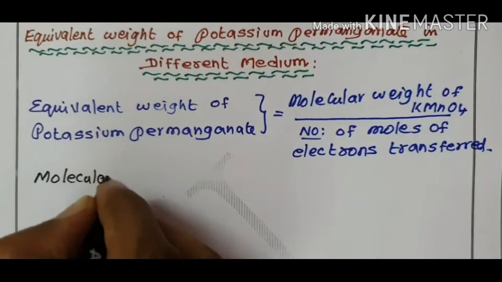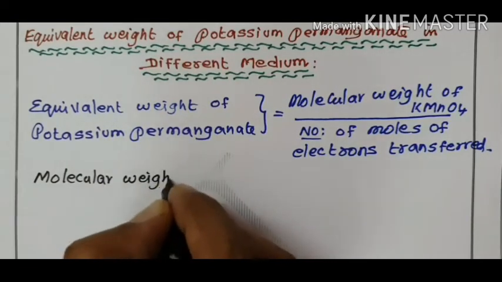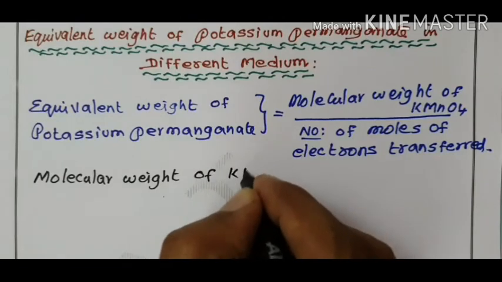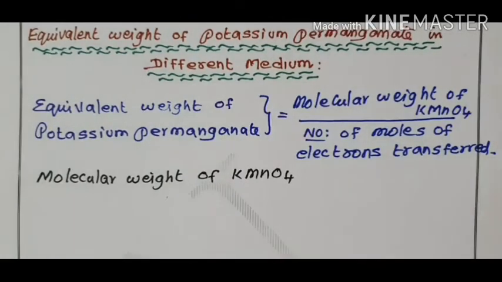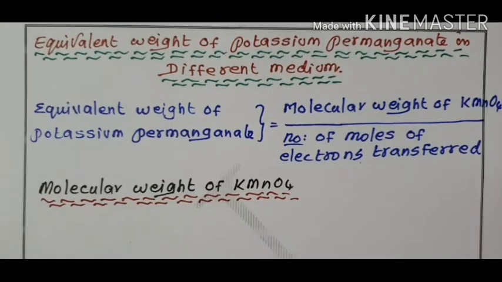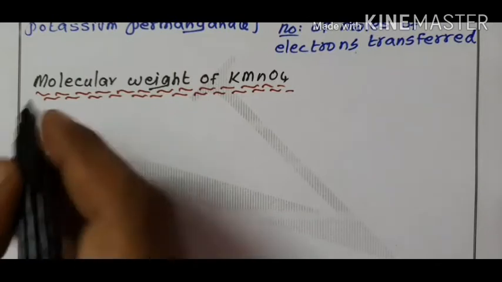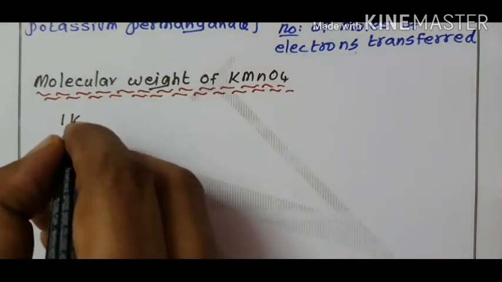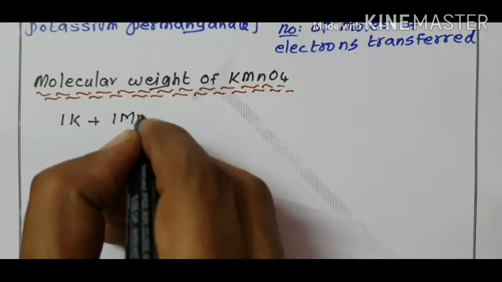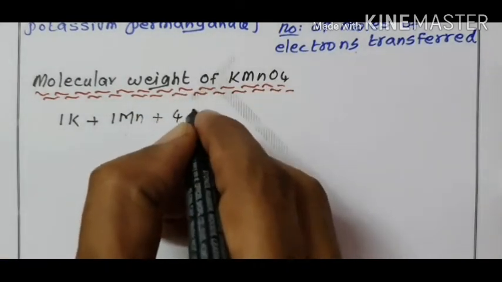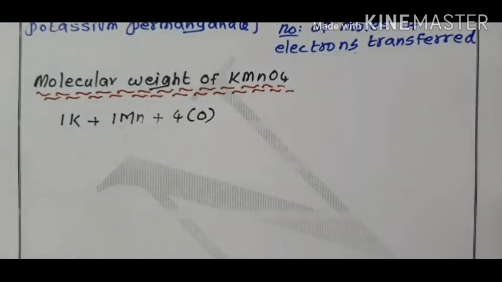Potassium permanganate contains 1 potassium, K, 1 manganese, plus how many oxygens? 4 oxygens are present in KMnO4.